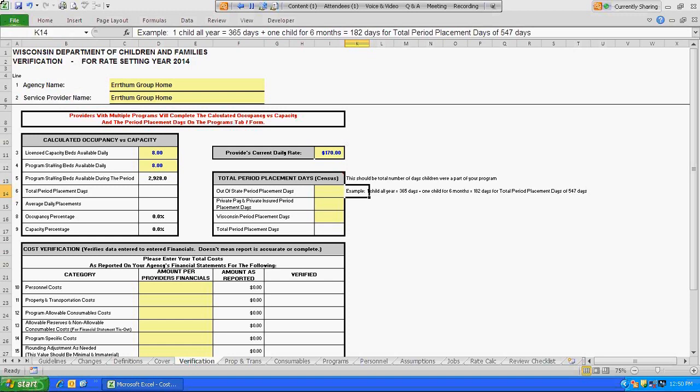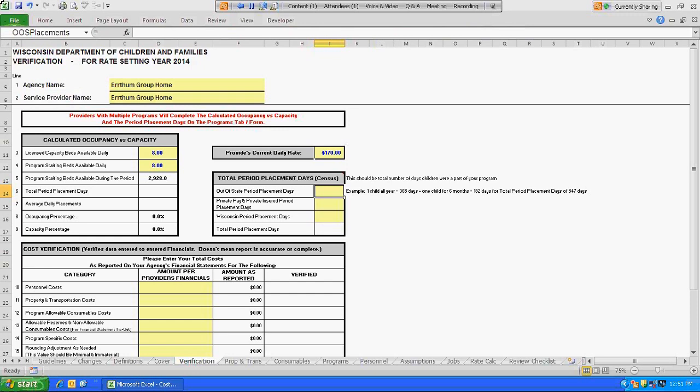It's not going to be equal to the number of days of the year. It should be equal to the number of kids in placement each day. For example, if today you have 4 kids in placement, that counts as 4 days for just today. Hopefully that clarifies, as we had a lot of people who just put in 365.